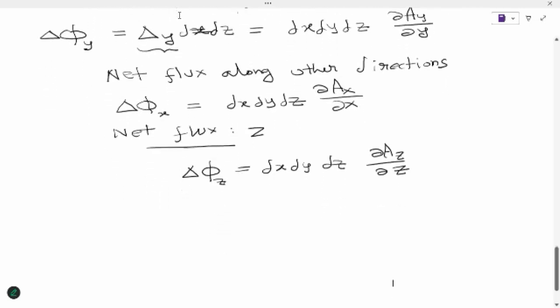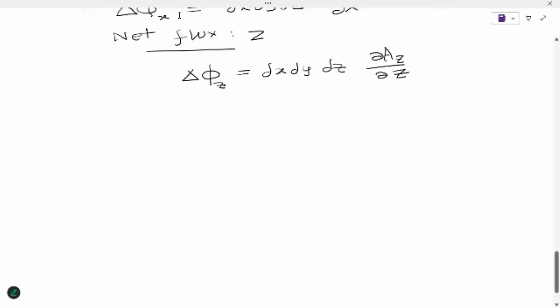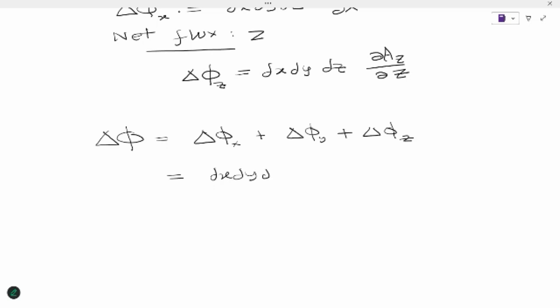So the total flux leaving the volume is delta phi_x plus delta phi_y plus delta phi_z, that is dx dy dz times del A_x by del x plus del A_y by del y plus del A_z by del z.